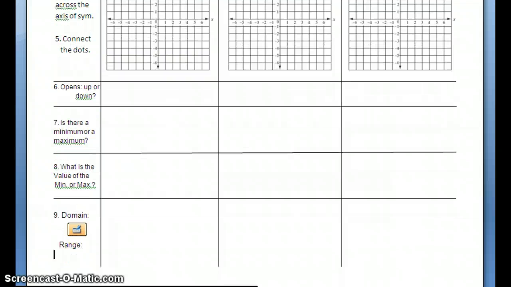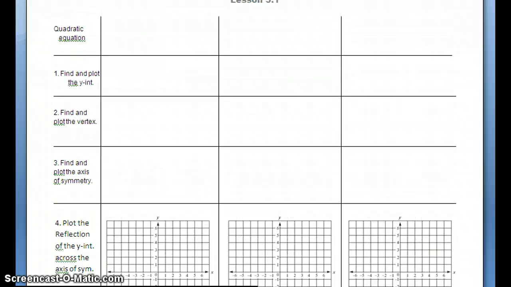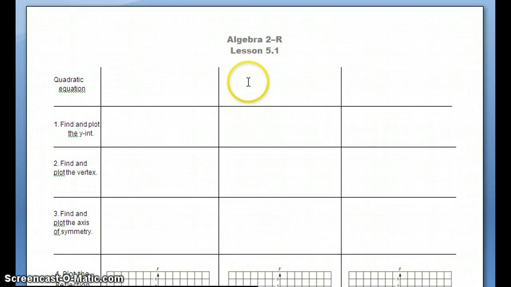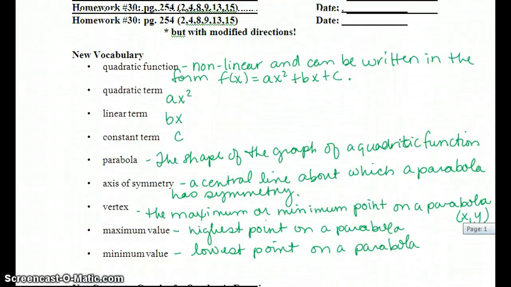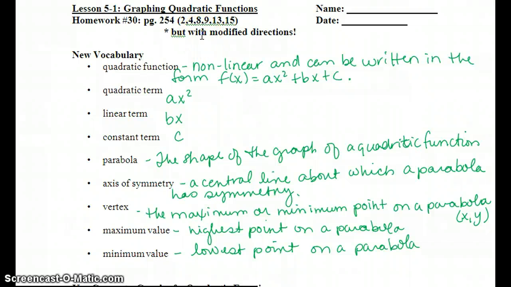You'll get all the way down to domain and range, and then you'll go back up and do a second quadratic equation here and use that column, and a third quadratic equation here and use that column. I believe you have 6 problems, so you're going to have a couple of these pages to work with. So I think that concludes our notes, and you'll need to complete that homework that's on the front of the page.